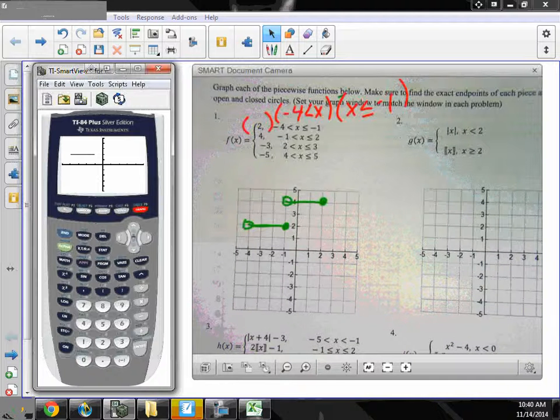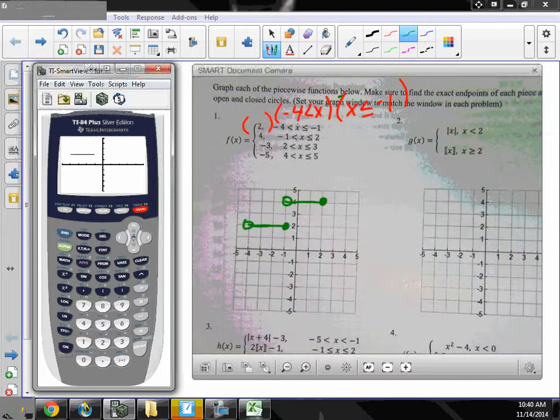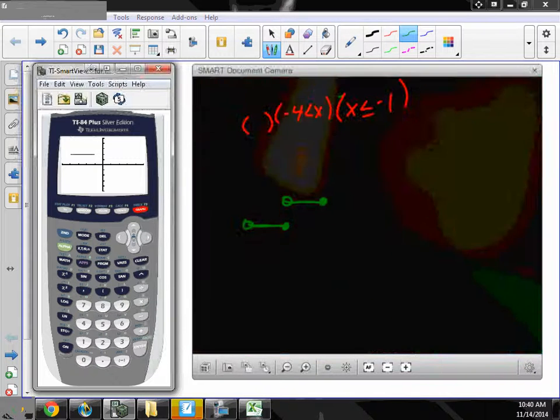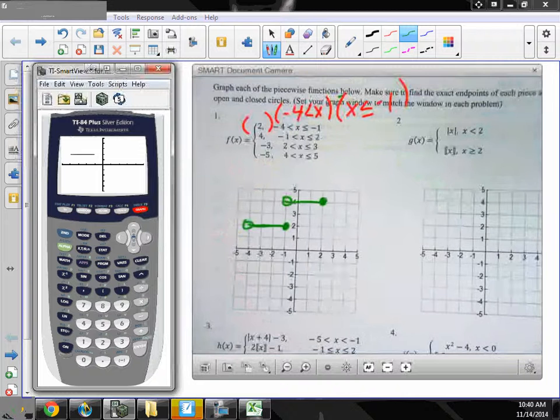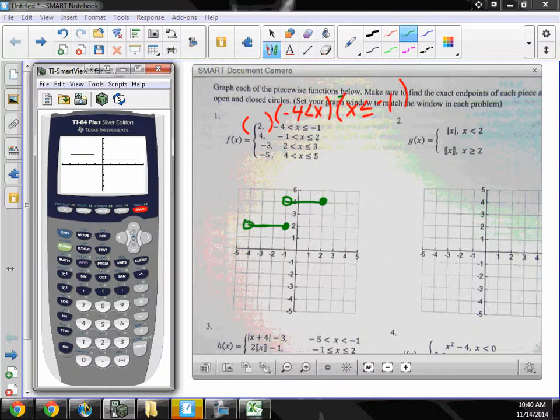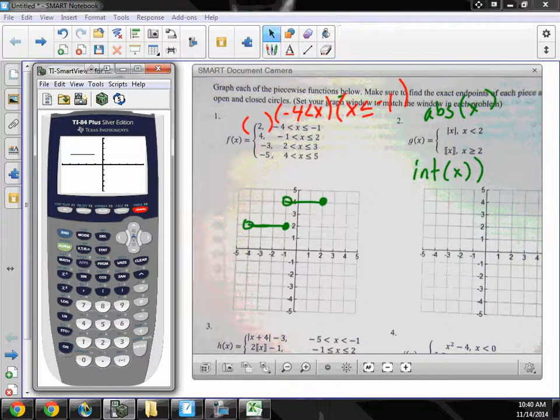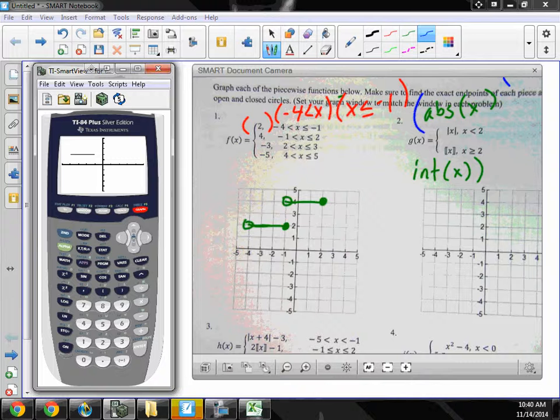So over here on number 2, make this a little bit lighter. Over here, absolute value is ABS of x, and this is INT of x. But you need to remember you have to put parentheses around the whole thing.